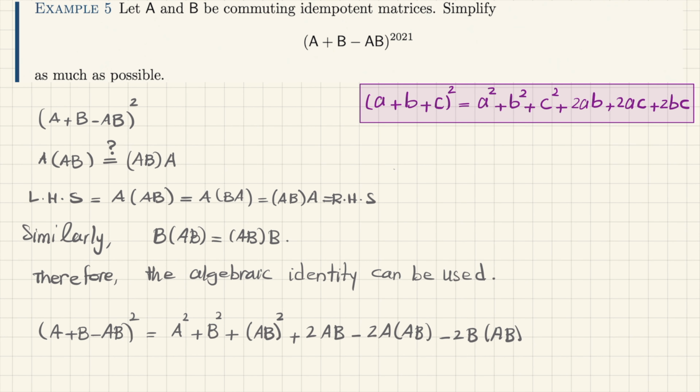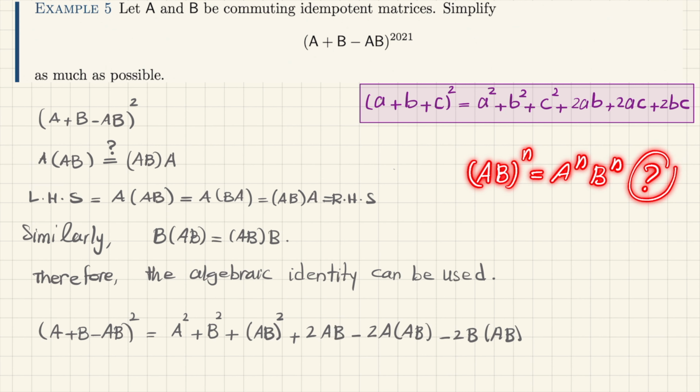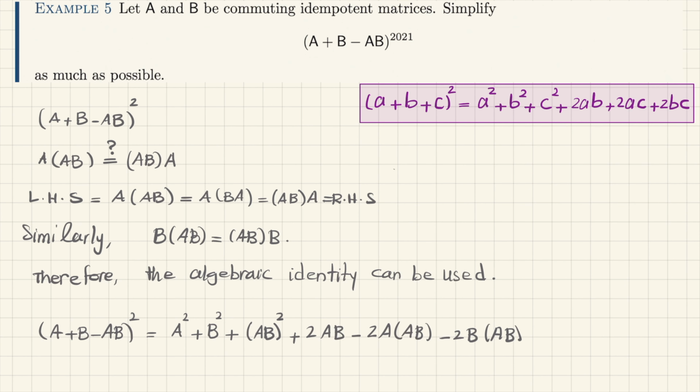Okay, now what we know, can I write this as A squared B squared? So this is the only formula that you need to be careful about. In general, (AB) to the n is not equal to A^n B^n unless you know that A and B are commuting. So here we know, so we can use the formula.